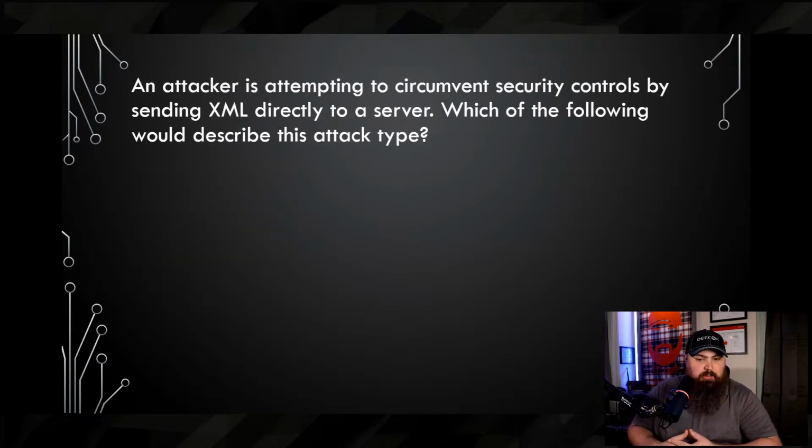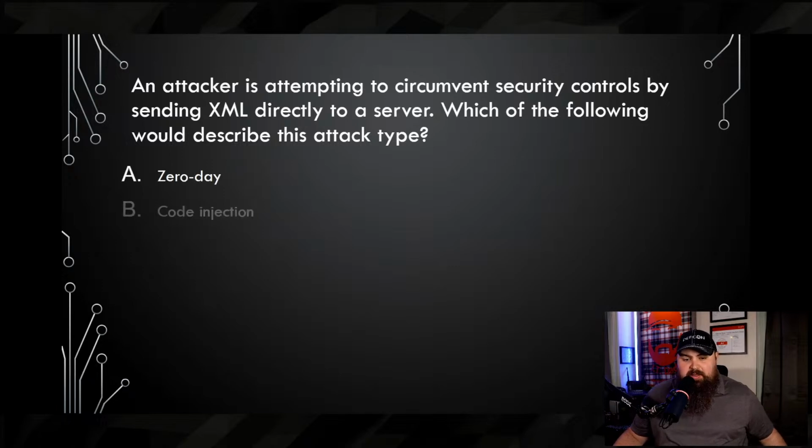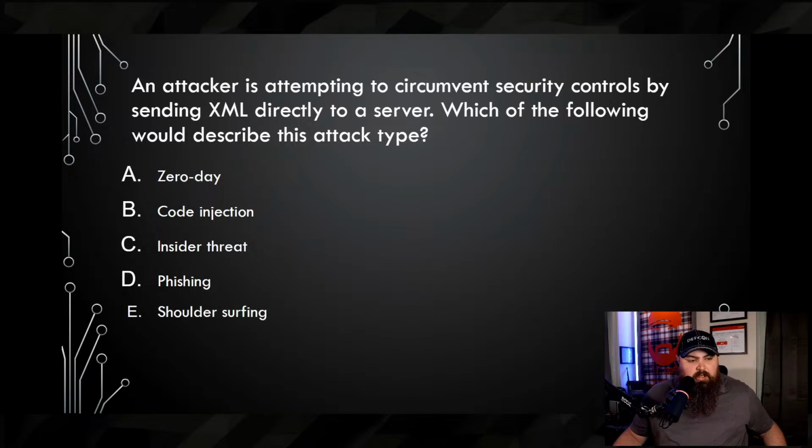All right, next question. An attacker is attempting to circumvent security controls by sending XML data directly to a server. Which of the following would best describe this attack type? Is it A, a zero-day attack, B, a code injection, C, insider threat, D, phishing, or E, shoulder surfing?